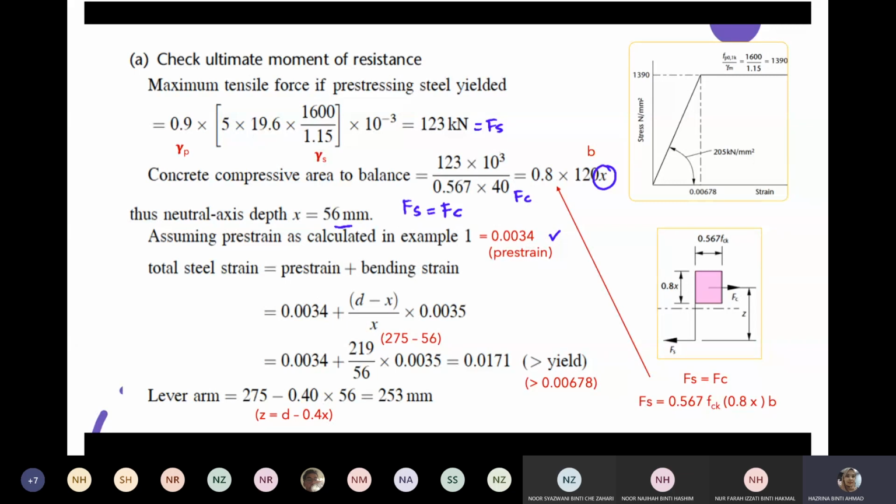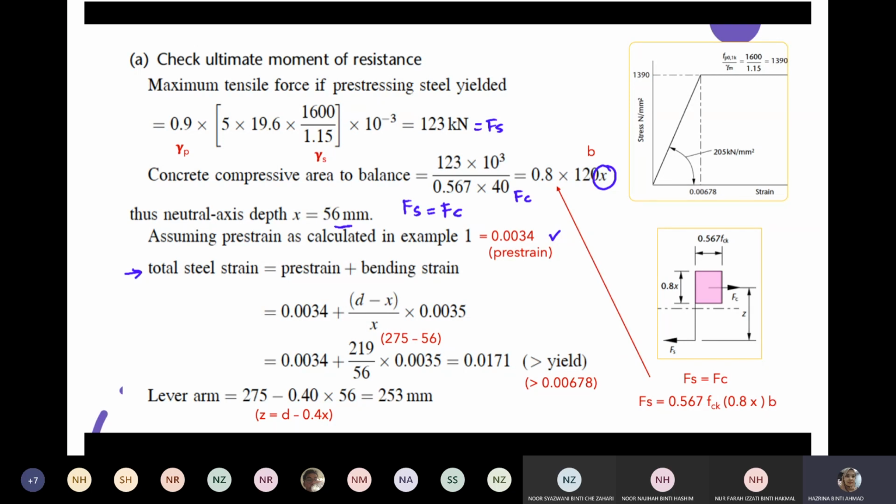So the total steel strain is equal to the pre-strain plus the bending strain. The pre-strain we have already calculated, which is 0.0034, plus (d minus x) over x.